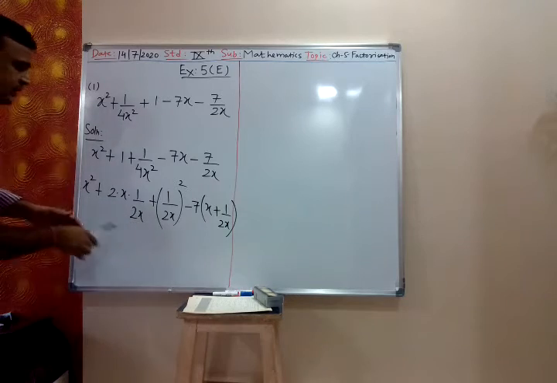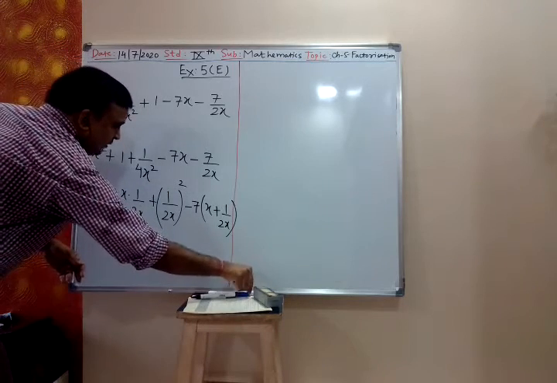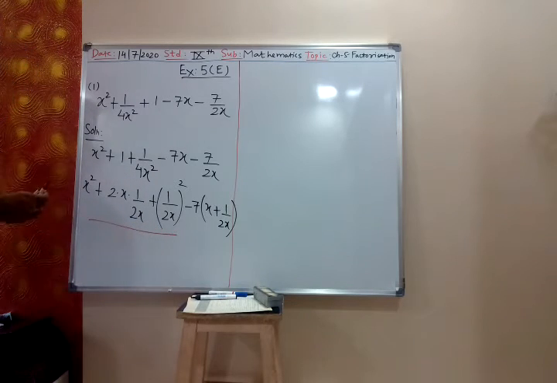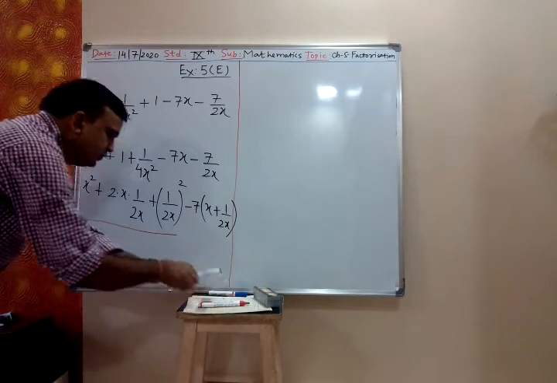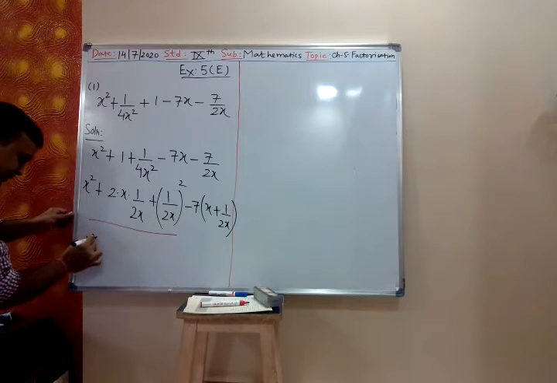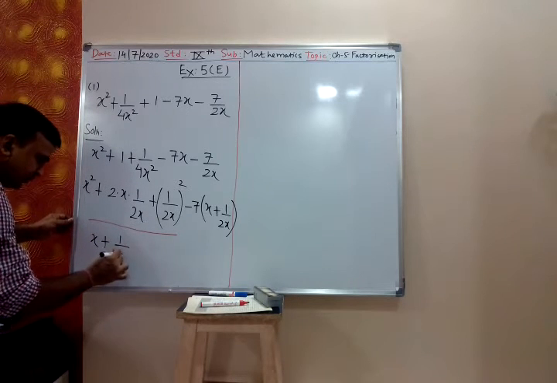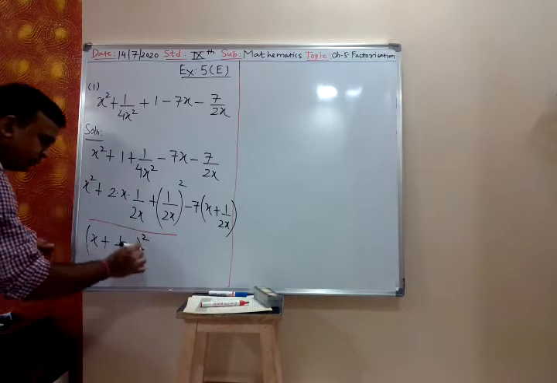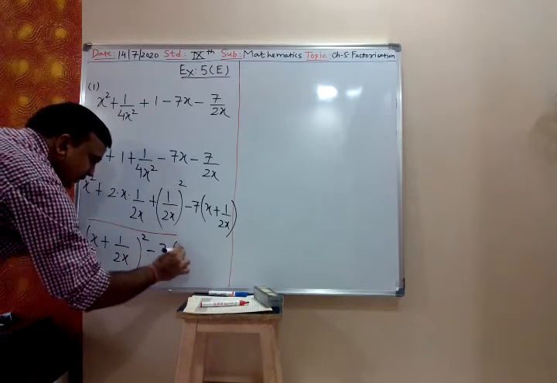Now these first three terms I can write as x plus 1 upon 2x whole square. x plus 1 upon 2x whole square minus 7 into x plus 1 upon 2x.